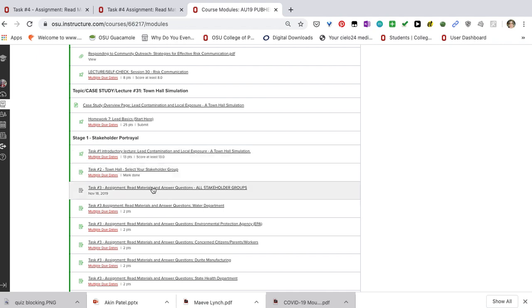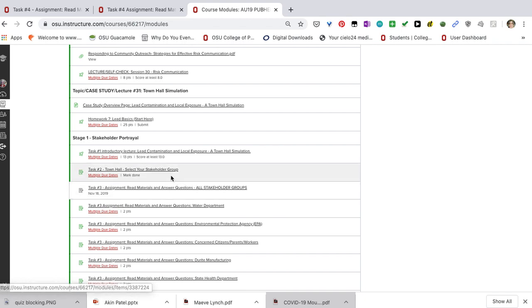We created this all stakeholder group assignment that was due November 18th, because that would be the same day the work would be due once they are assigned to a group.